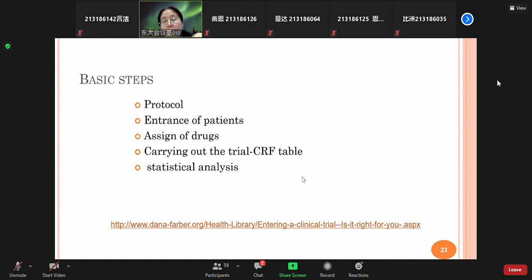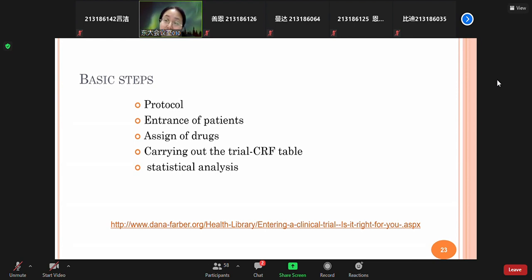So all of the documents, like the protocol, the medical report, the research report, are prepared, and then you have to submit all of them to CFDA, the Food and Drug Administration.